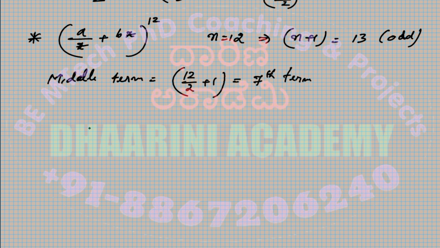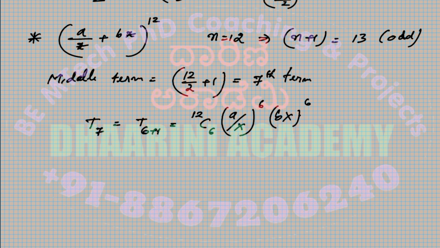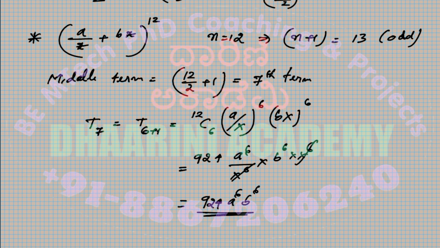I just have to find T7, which is T(6+1) equal to 12C6 (a/x) to the power 6, second term (bx) to the power 6. 12C6 is 924, so 924 a^6/x^6 into b^6 into x^6. The x^6 will cancel. So the answer is 924 a^6 b^6.